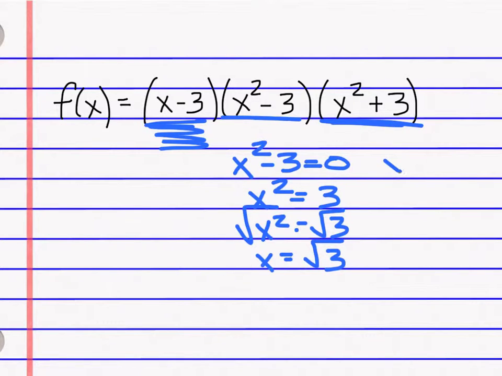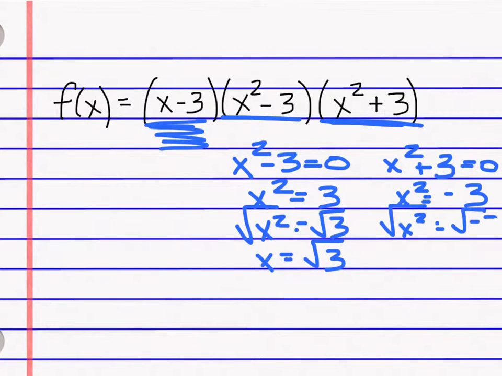This one, x squared plus 3 equals 0. So x squared equals a negative 3. Taking the square root of both sides gives me x equals the square root of negative 3. So you only have one.